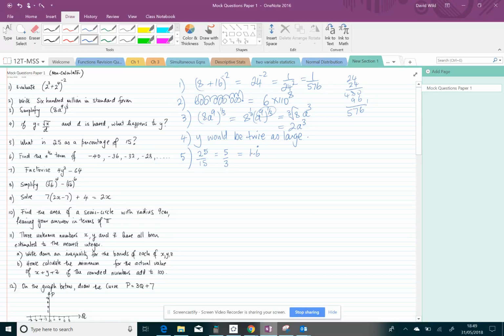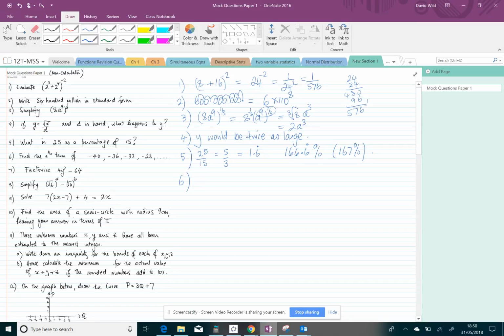So we need to multiply that by 100 in order to get this as a percentage. So we've got 166.6 recurring percent, and to 3 significant figures, this is 167%.